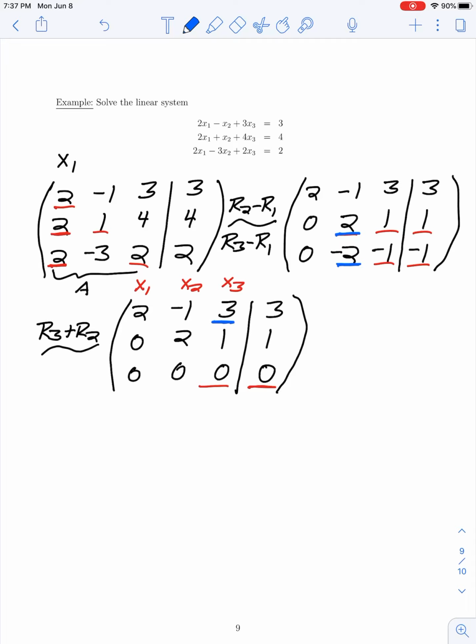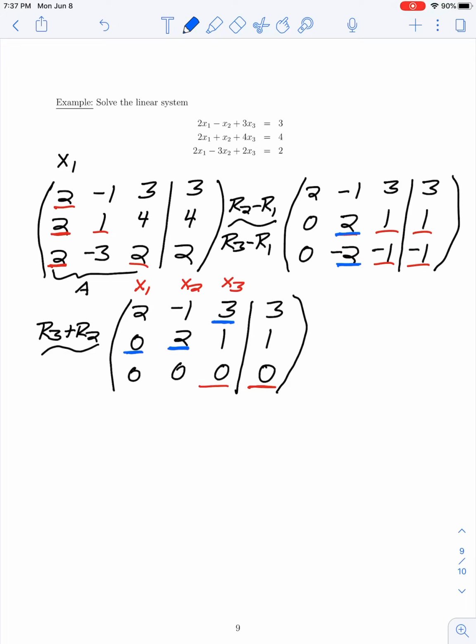Now we might say, well, typically we would work with the second column first, so maybe I want to turn that 2 into a 1, which I could do by dividing the second row through by 2, but again, that introduces fractions. I could add the first row to the second, and that would give me a 1 right there, but then that would make this first entry a 2 instead of a 0. It would undo my earlier work.